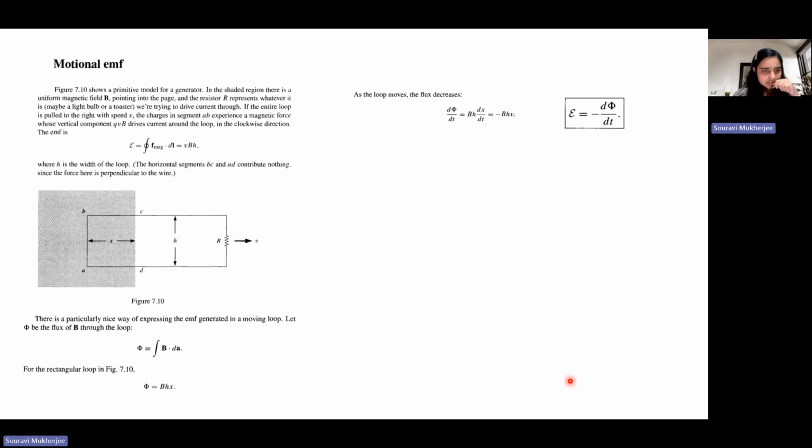So you're moving a closed conducting loop with some velocity v. As you are moving, there are free charges moving in a magnetic field, so they experience some force, and that results in a redistribution such that an EMF gets generated, and that EMF would result in an induced current in the loop.